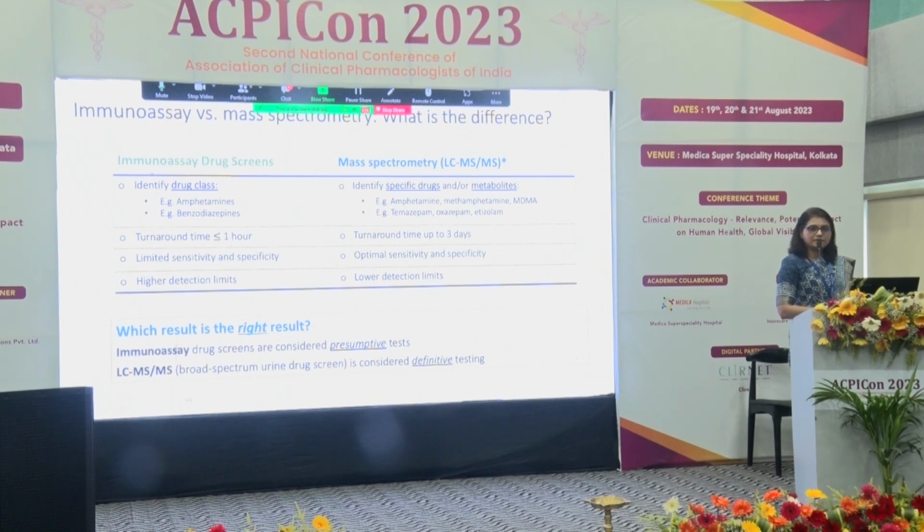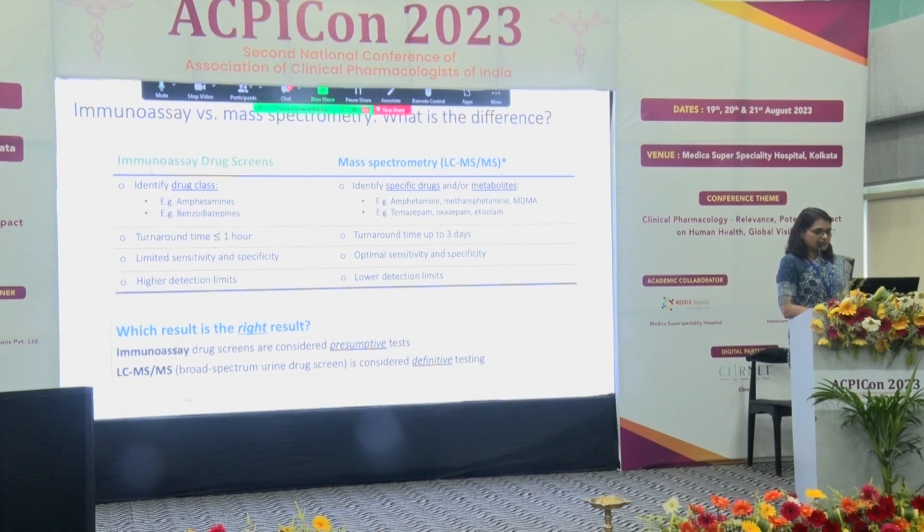So we procured another autoanalyzer, and our reporting time is within 2 hours or 2 to 4 hours of receiving the sample. Now, there are great discussions whether this assay is better or mass spectrometry is the better one.